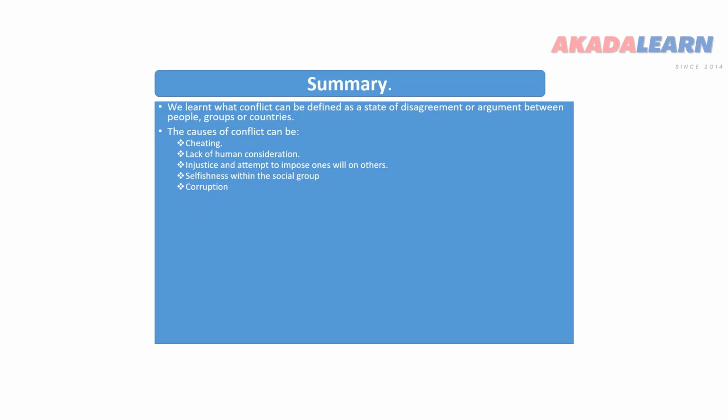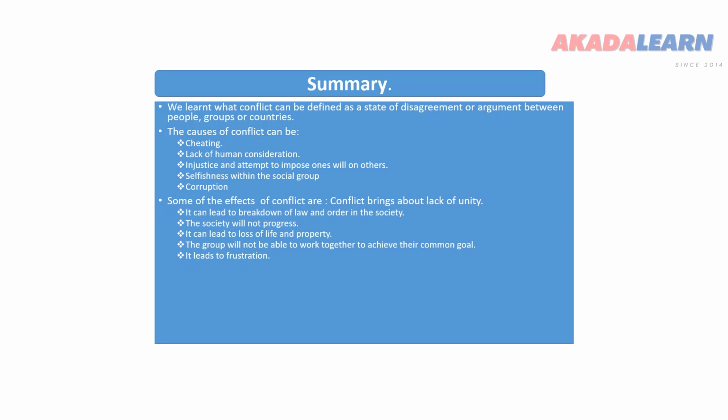We also learned some effects of conflict as lack of unity, bringing breakdown of law and order in the society, bringing about the society not progressing, leading to loss of life and properties, and that the group will not be able to work together to achieve a common goal. It also leads to frustration.